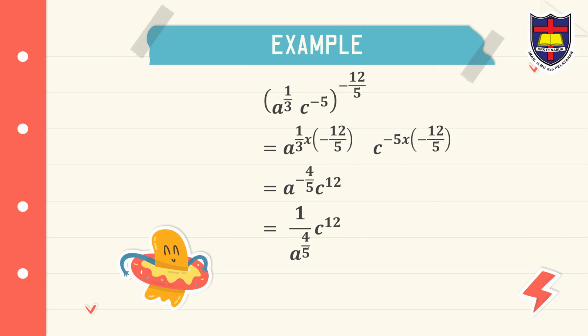So it equals 1 over a to the power of 4 over 5 times c to the power of 12. Now c to the power of 12 times 1 equals c to the power of 12, and a to the power of 4 over 5, we can make its radicals form. So 5th root of a to the power of 4.